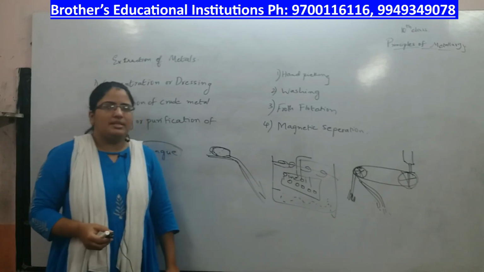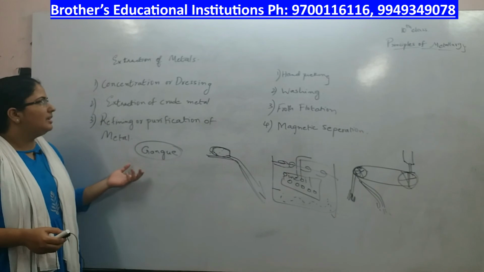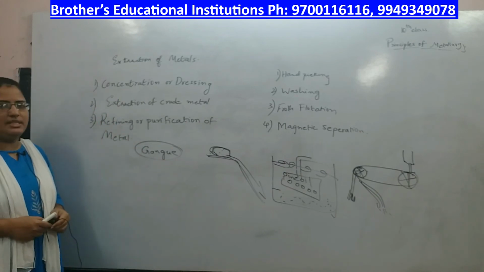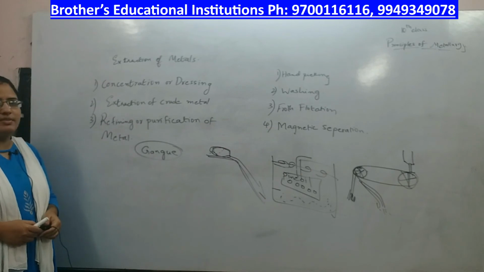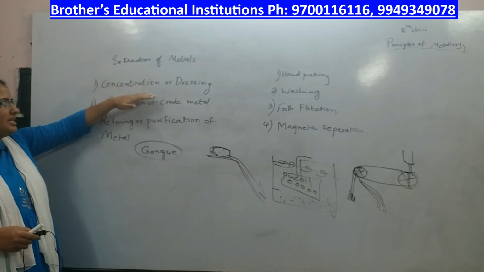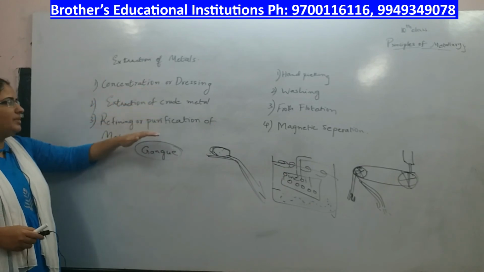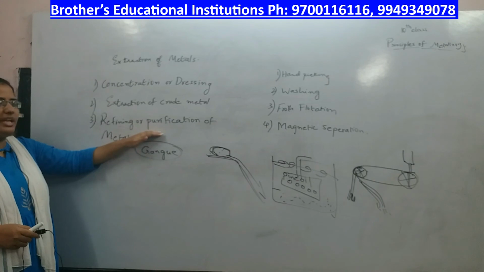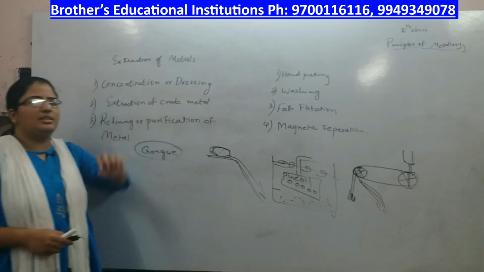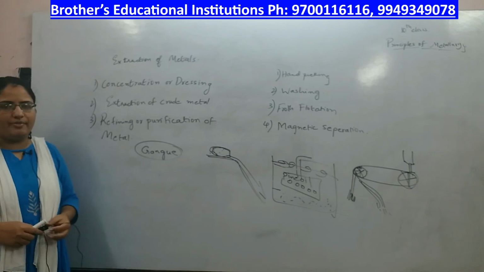What all we discussed in this class, I will just give a quick revision. In the previous class we discussed activity series. In today's class we shall discuss extraction of metals. Extraction of metals involves three stages, that is concentration or dressing, extraction of crude metal, and refining or purification of metal. In today's topic we have discussed concentration or dressing. Concentration or dressing is also called enrichment of the ore.